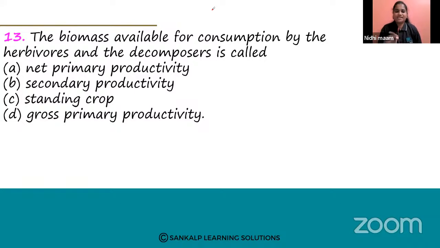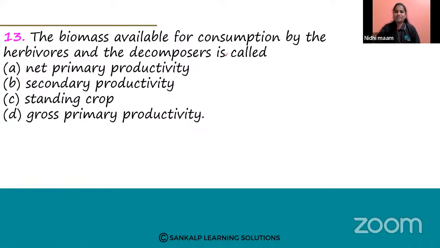Just now we discussed it when I was explaining the diagram. Okay, Sanjana answered it. Yes, dear students, do answer in the comment box. Karima Sayyada answered it. So the right answer here is option A, net primary productivity.